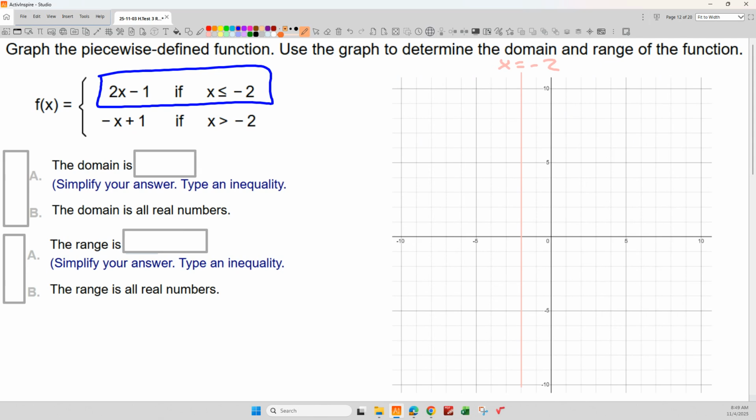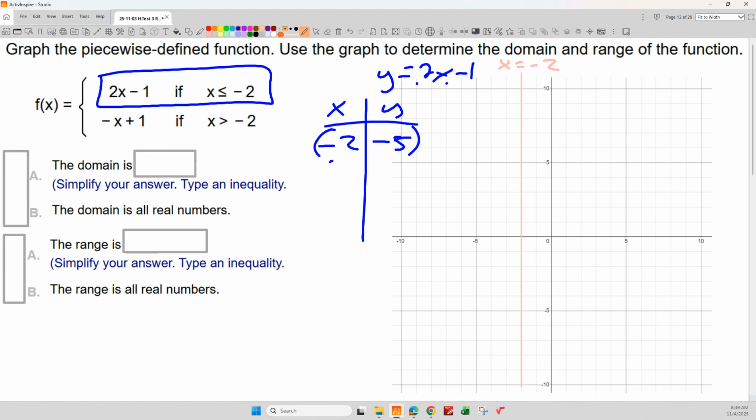We've got the equation y equals 2x minus 1 in this region. If we make a quick t-table, what's the first x value I should definitely pick? Negative 2. What is y when x is negative 2? Negative 5. 2 times negative 2 minus 1. Good. So negative 2, negative 5. What kind of endpoint am I putting there?